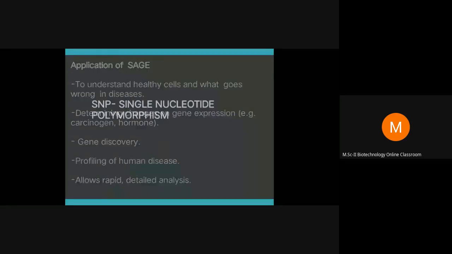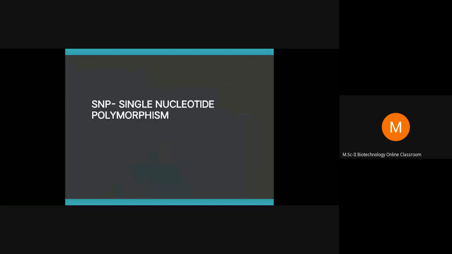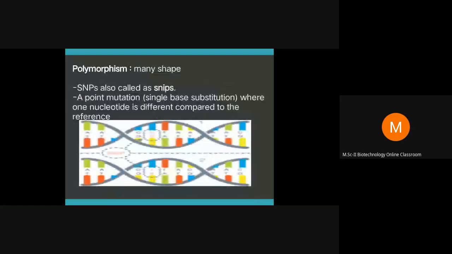Now SNP. SNP is a single nucleotide polymorphism. Polymorphism is a generic term that means many shapes. SNP, also called point mutation or single base substitution, occurs on the genome when compared between individuals whose genomes are mostly exactly the same but differ at certain places.